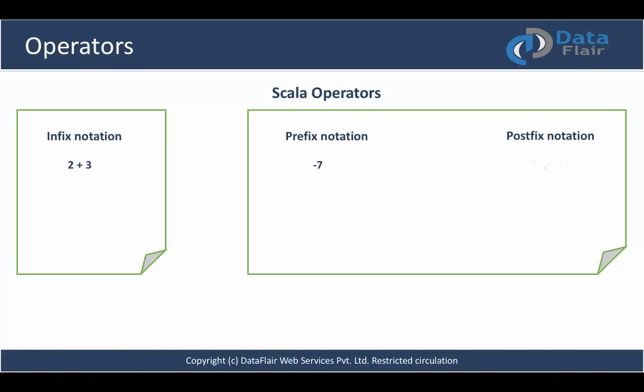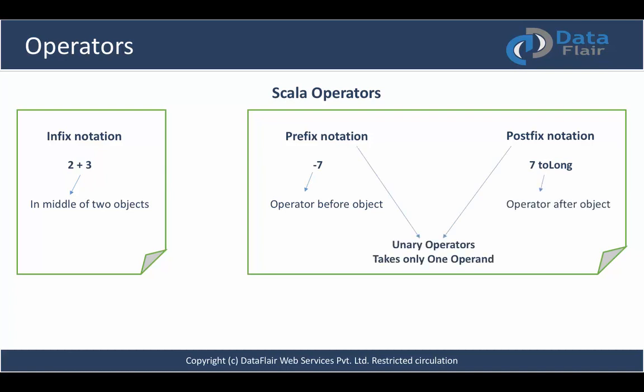In postfix notation, the operator sits at the right hand side of the operand. If you see, in prefix and postfix notation, only one operand is there, and that's why these are called unary operators. Unary operators take only one operand. But in Scala, we can use only plus, minus, not, and tilde as unary operators.